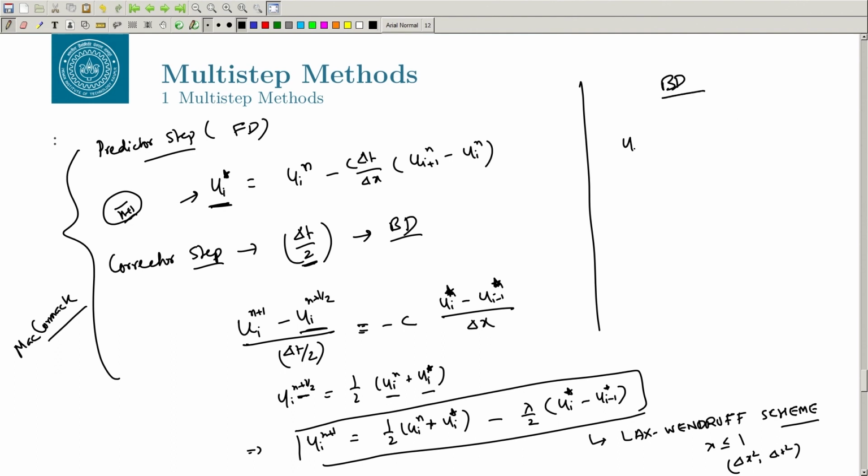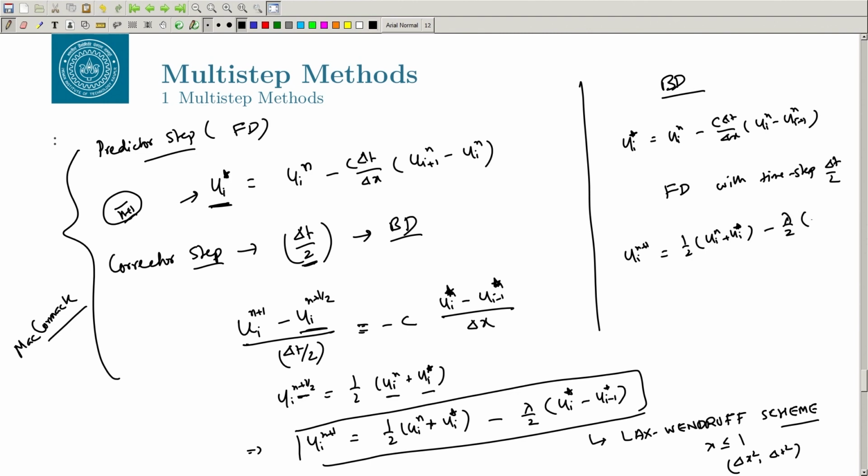So that will be u_i star equals u_i^n minus c delta t by delta x times u_i^n minus u_{i-1}^n. And then you do the forward differencing, but with time step delta t by 2. So your final value u_i^{n+1} will become half of u_i^n plus u_i star, minus lambda by 2.